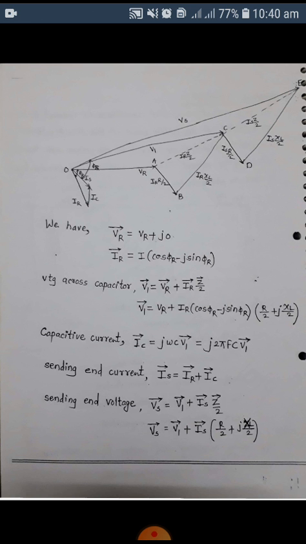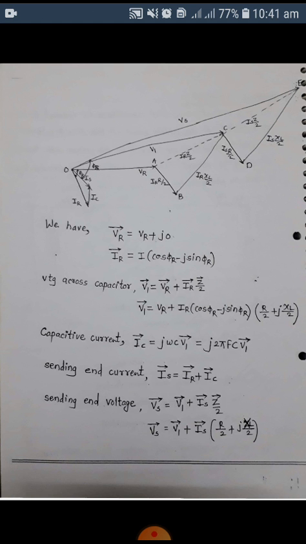Now to represent IR into R by 2, the pure resistive drop in the second section or in the second loop, that IR into R by 2 is resistive drop which will be in phase with current IR. Therefore we have to add that IR into R by 2 phasor with phi R, but that drop will be in phase with IR. Also, we have to add the reactive drop IR into XL by 2.